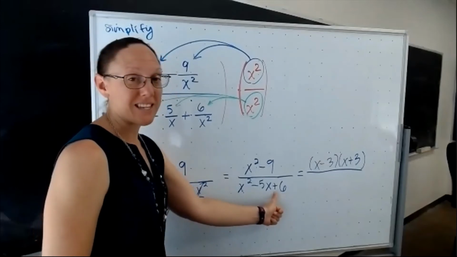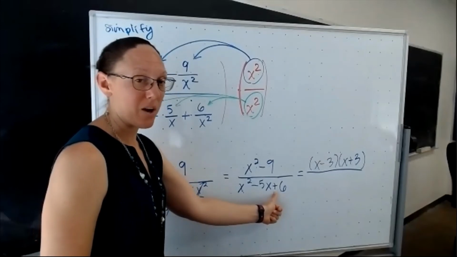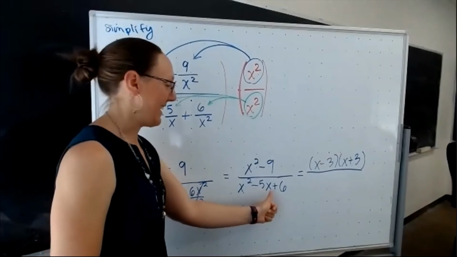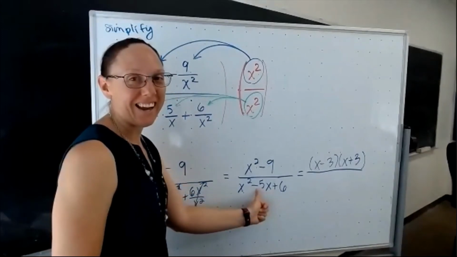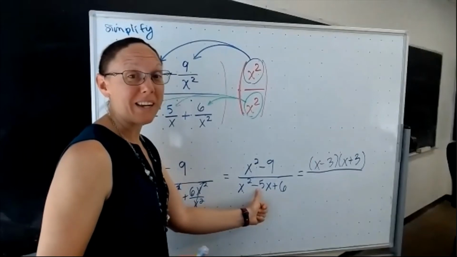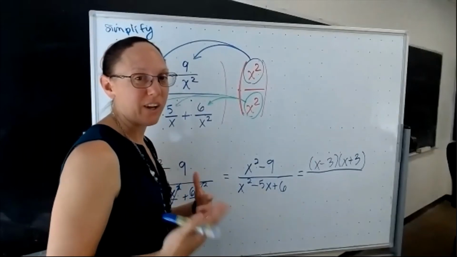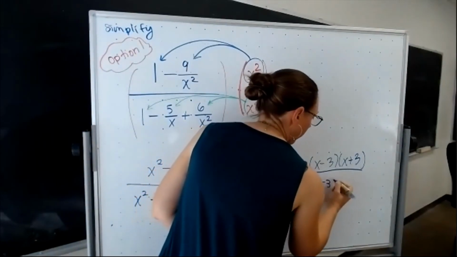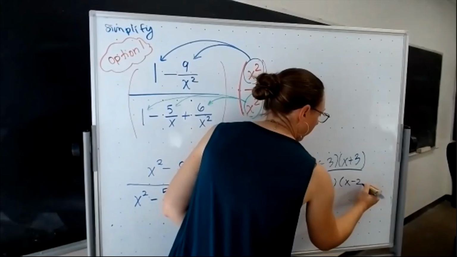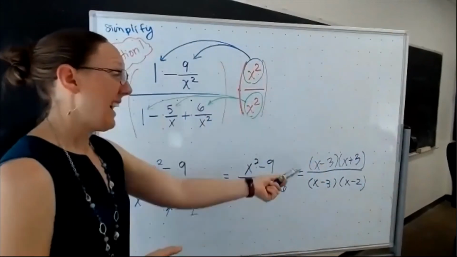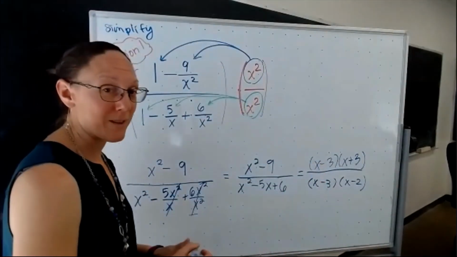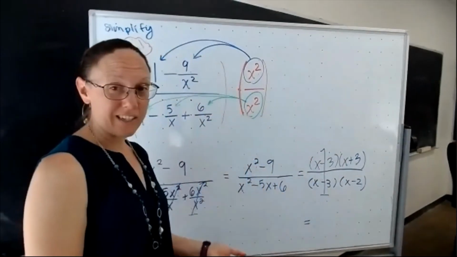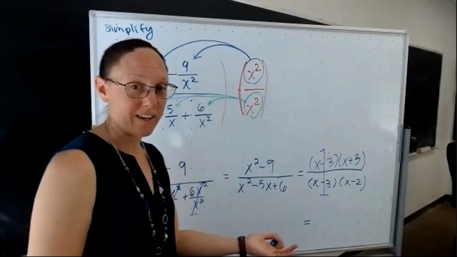But I need them to have the same sign because this is a positive, and I need them to both be negative. So -3 and -2 is what's going to work. And then we can see that that x minus 3 over x minus 3 would leave us with a 1. And my final answer would be x plus 3 over x minus 2.